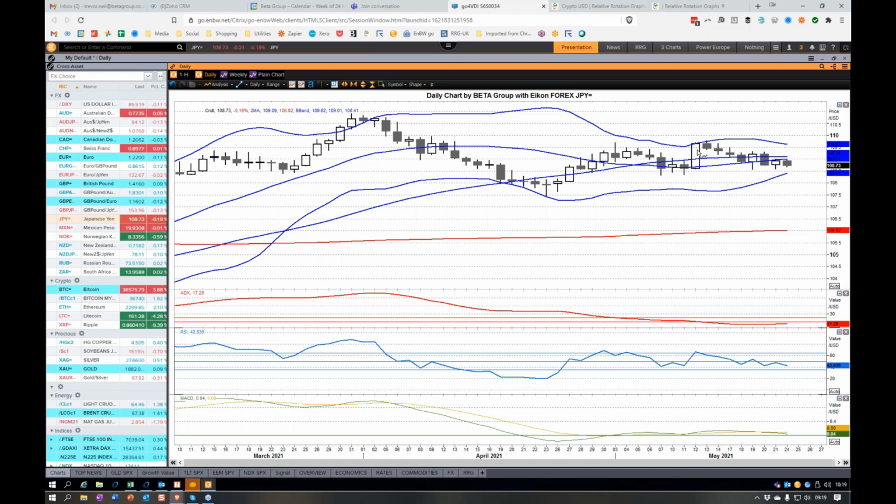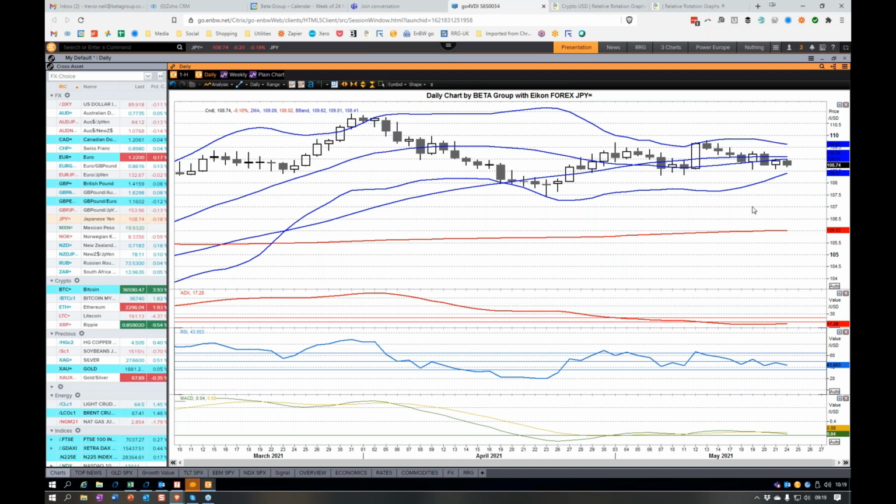So we've got range resistance at 109.78, support here at 108.32. More important support here at 107.46, 107.60, and big important resistance up here at 110.96.